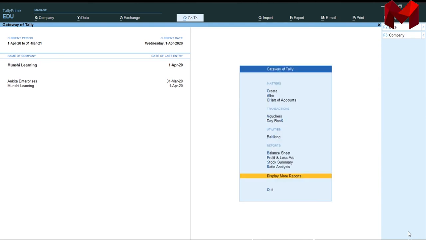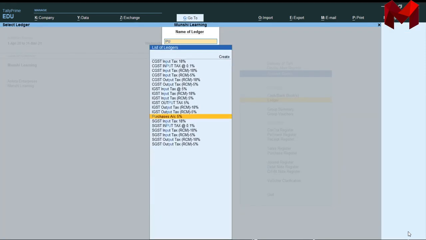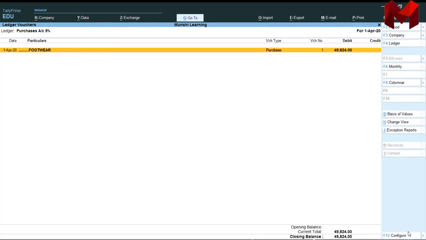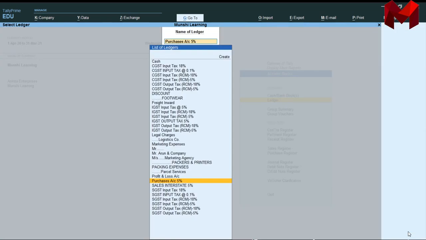Now, if we see the second entry, which was debit note against purchase, let us first enter something in purchase, or let us see whether any purchase entry is there or not. Purchases at the rate of 5%. Yes, this entry is there, but this is an IGST entry, interstate purchase entry.